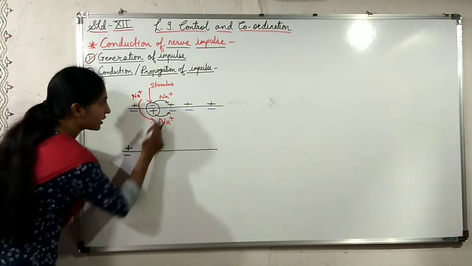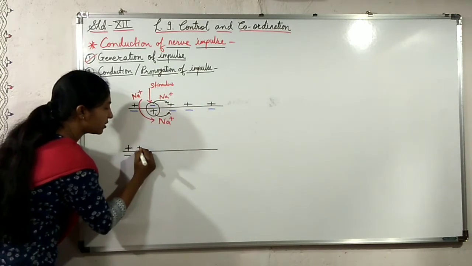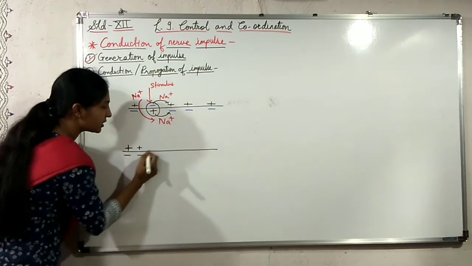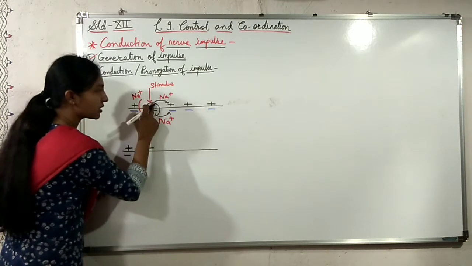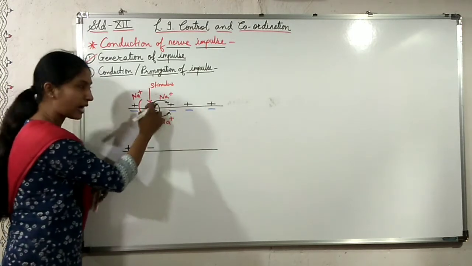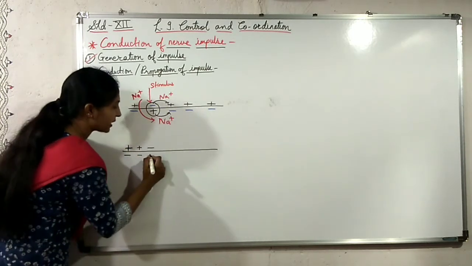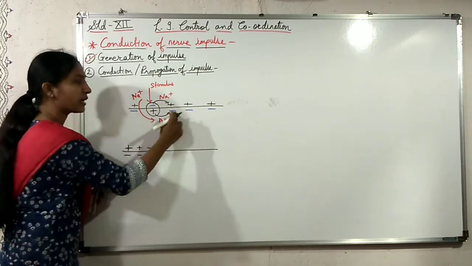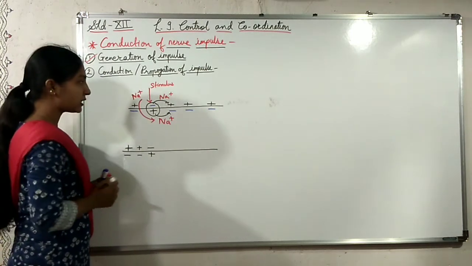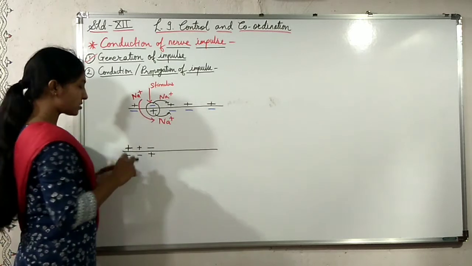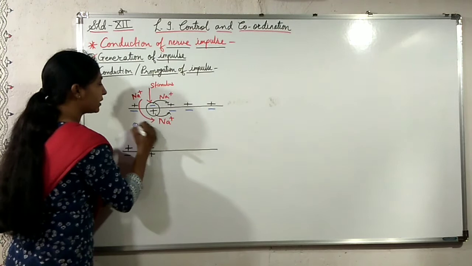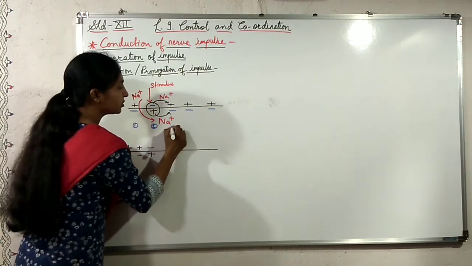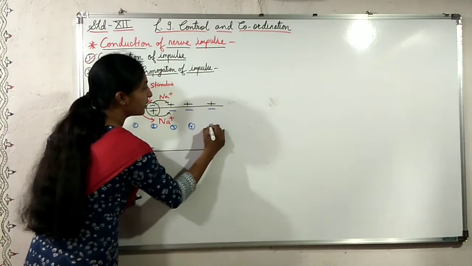So again this positive charge will come here, this negative charge will be transferred to this side, and the negative charge which is here will be transferred to the next position, and the positive charge will be transferred to the next position. So in this way, suppose this is point 1, point 2, 3, 4 and 5.